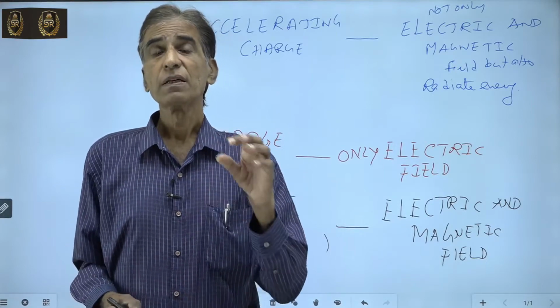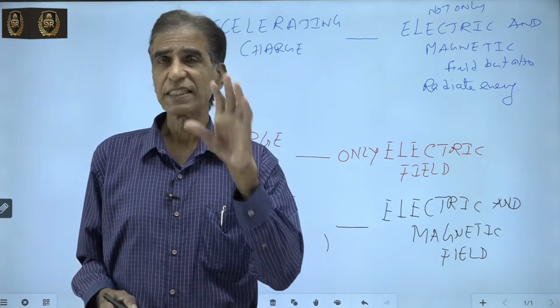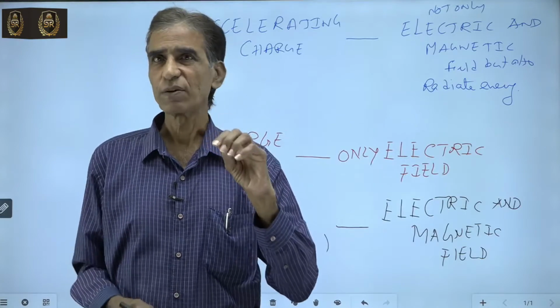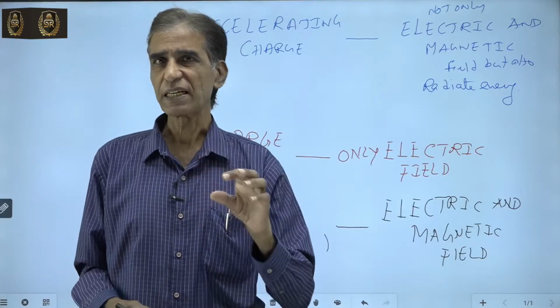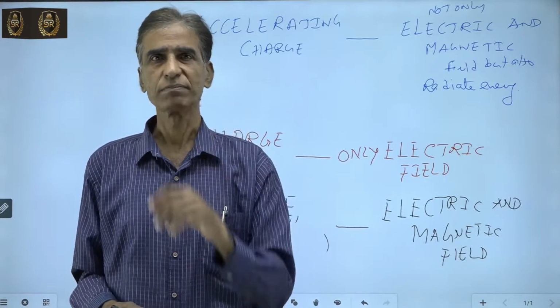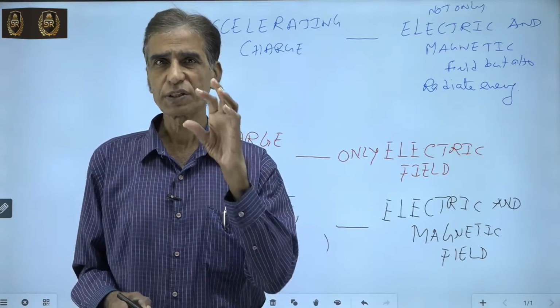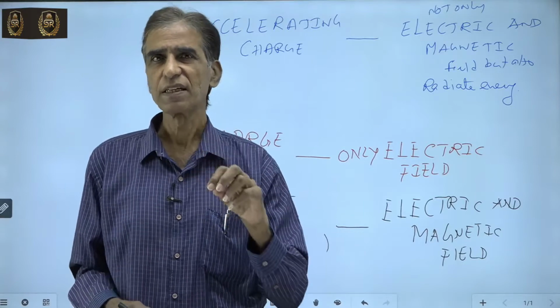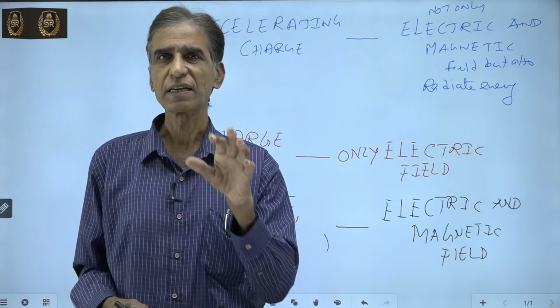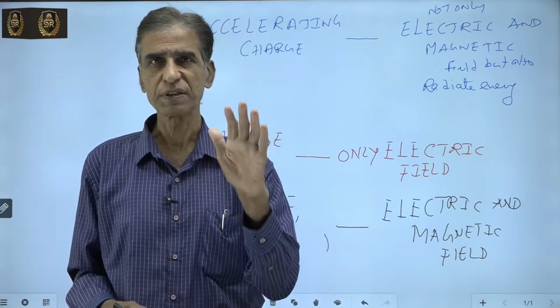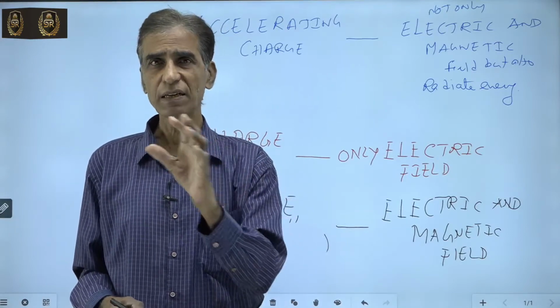So a Danish physicist named Johan Christian Ørsted, a professor at the University of Copenhagen, Denmark, wanted to demonstrate in his class that there is no relation between electric effect and magnetic effect.